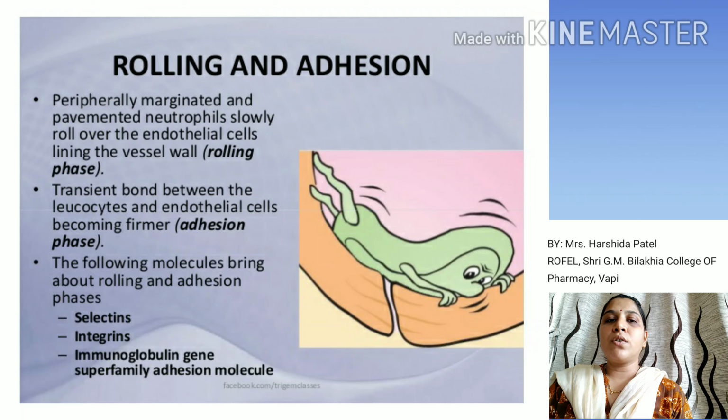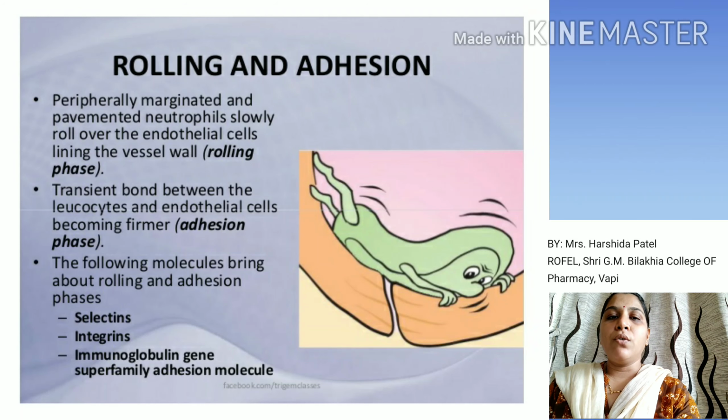Due to this, the rolling becomes firmer, and this process is called the adhesion phase. Due to this adhesion, the cells remain near the endothelial cells only. Now they keep moving on that.